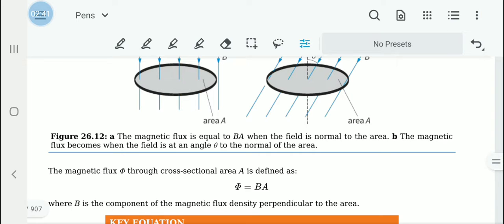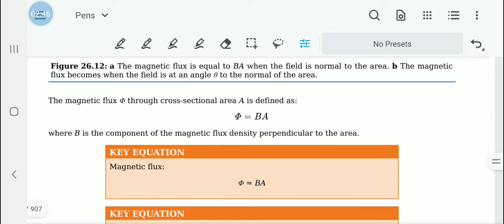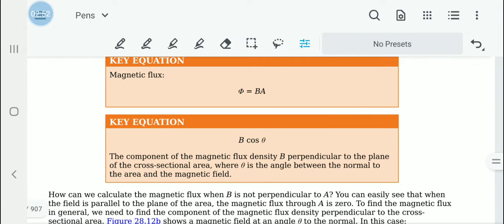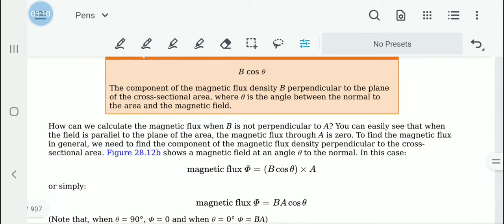We'll have to take theta into consideration. So if it is perpendicular, phi equals BA. If it is not perpendicular to the plane of the cross-sectional area, then we have to take the angle theta between the normal to the area and the field, to get B cos theta. So then we have to use this equation.